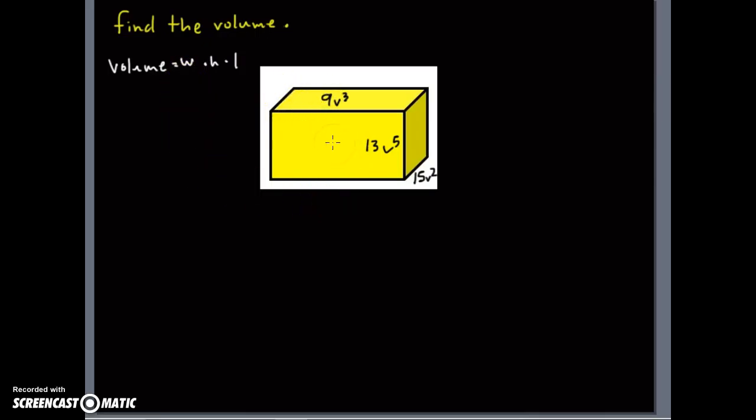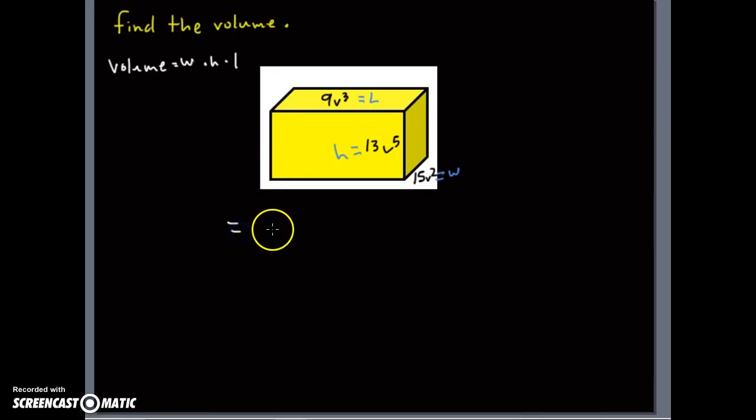So let's go ahead and identify what's what. Here we have, let's make this the length, let's make this the height, and let's make this the width. If you label them a different way, essentially it doesn't really matter because you're going to multiply them all together anyways.